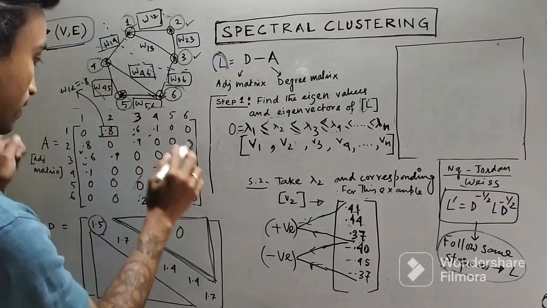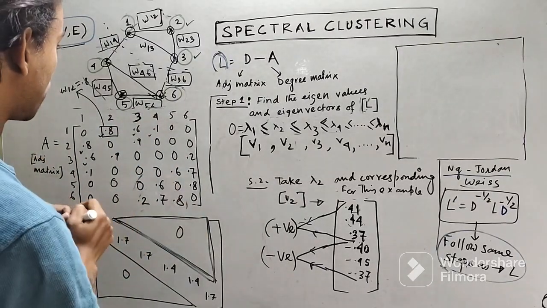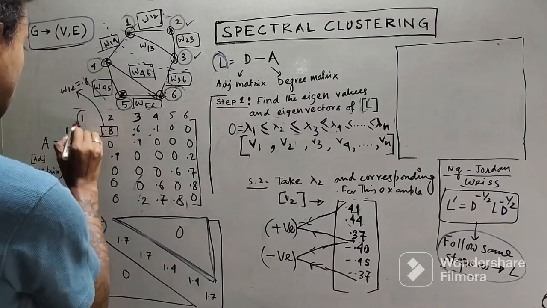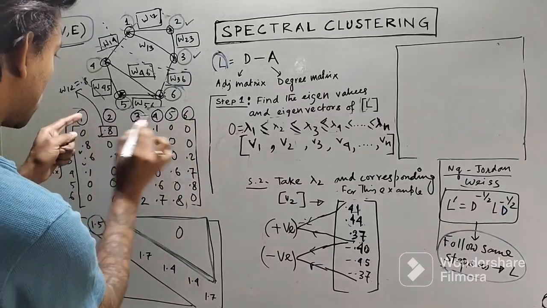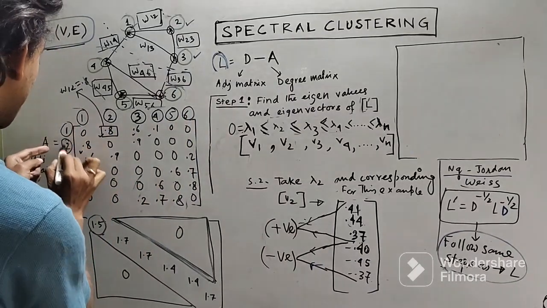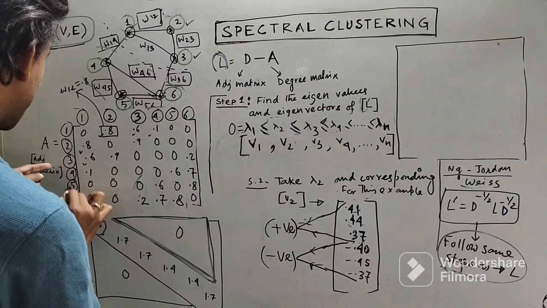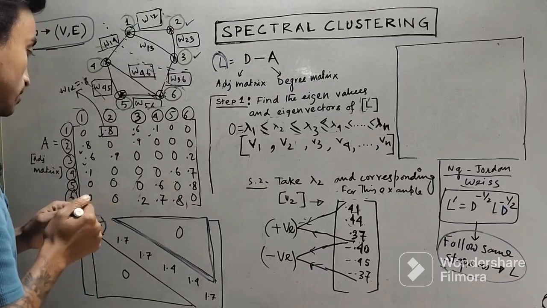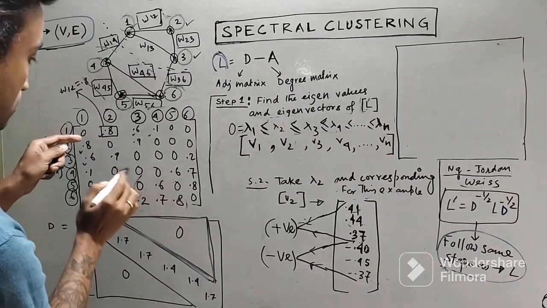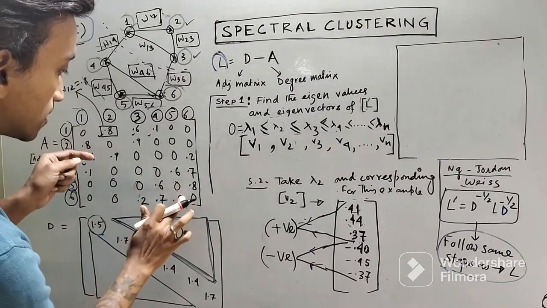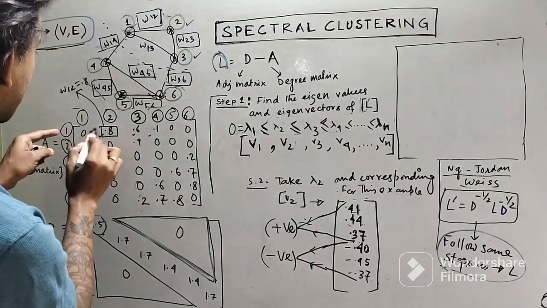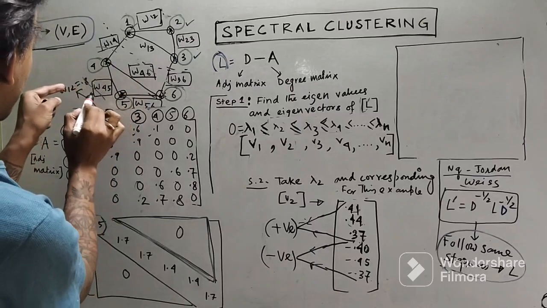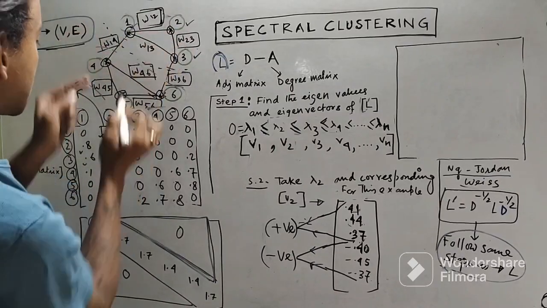And this is a matrix representation of the graph. These are the vertices 1, 2, 3, 4, 5, 6, and over here also the vertices 1, 2, 3, 4, 5, 6 are there. We have represented this graph in matrix form. What is the connection between 1 and 2? That is W12.